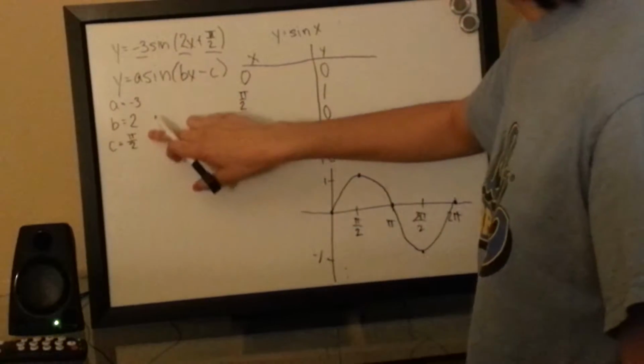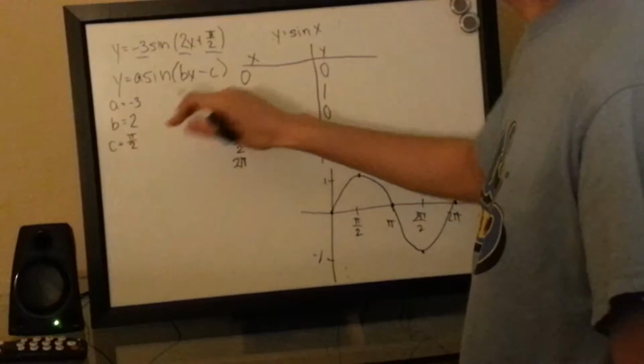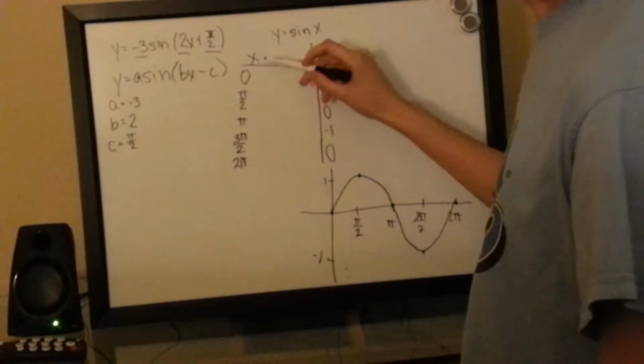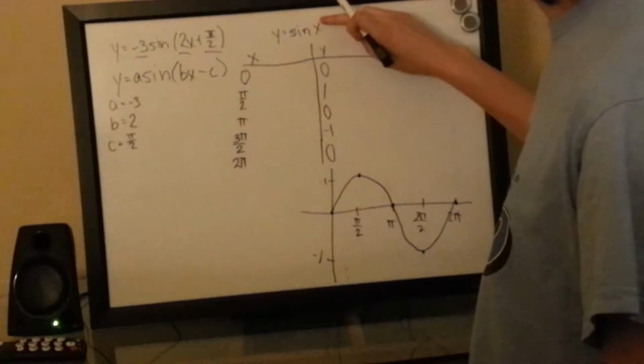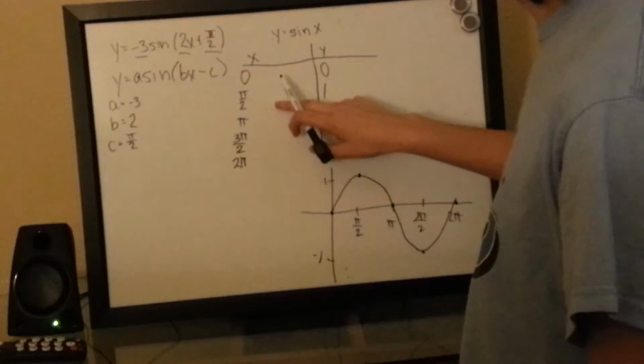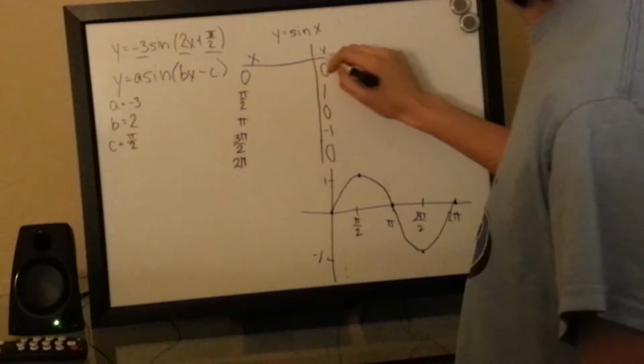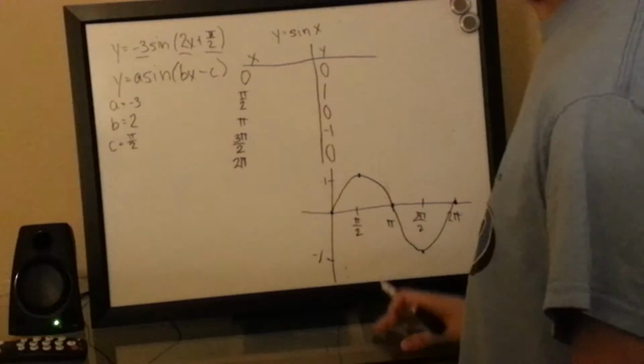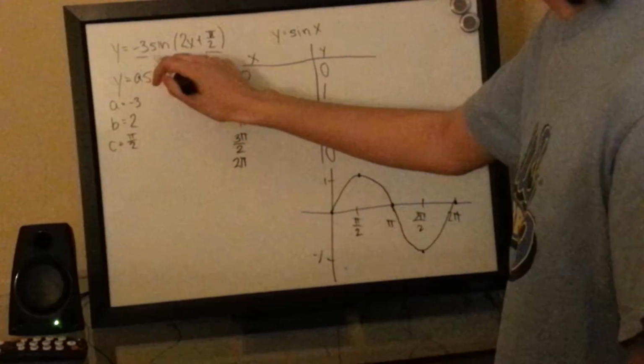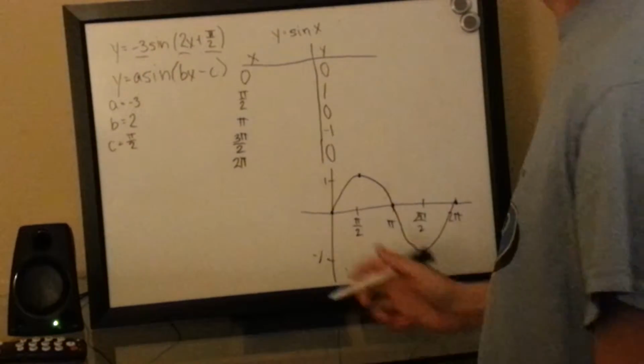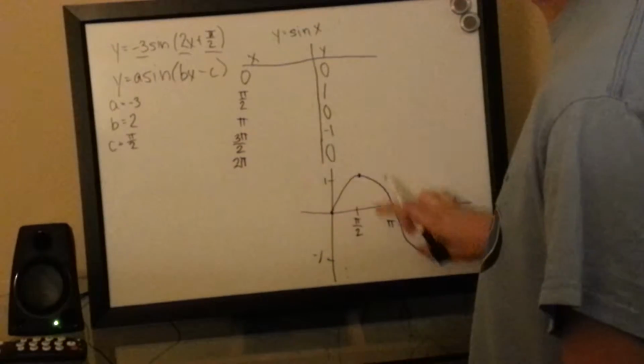So we're going to use these values, a, b, and c, and apply them to our parent function table in order to get the x and y values for this function and be able to plot them on our graph.